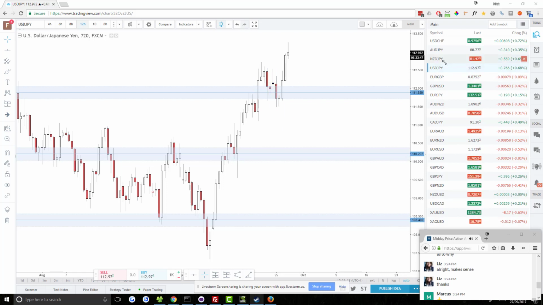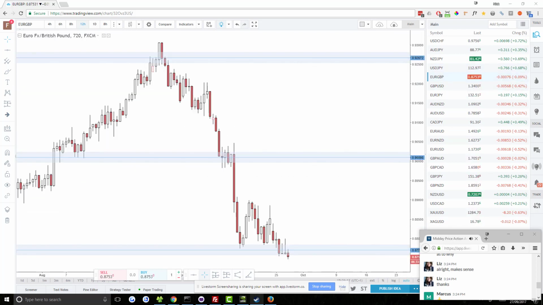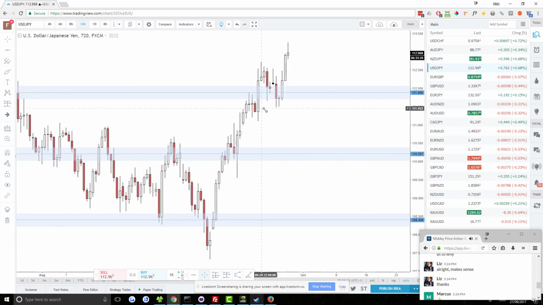Now, the difference between these two is EUR/GBP, what we're looking for is a counter trend trade. We're looking to trade a counter trend reversal. So the fact that we have all that mess to the left and it's low in the support area makes this a really risky trade. But with USDJPY, it's with the trend and it's with a majorly strong trend.